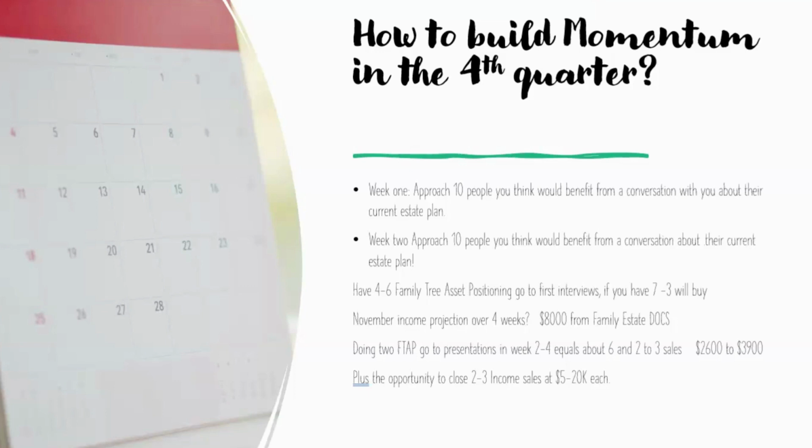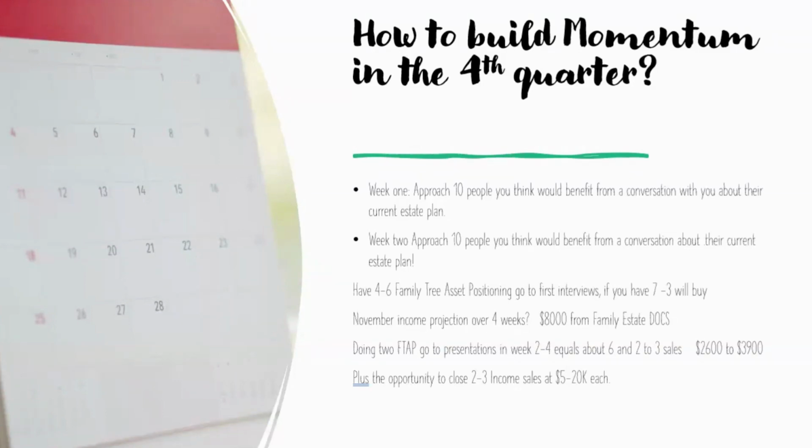If I said I needed $8,000, I might look at it and go, well, I'm going to trick Randy. I want $8,000 in income, and I've already got $4,500 in renewals. That means I only have to do $3,500. That's okay with me. If you want $8,000 income using your base that you already got, then let's use the math formula. How do you make $3,500 with Family Estate Docs?